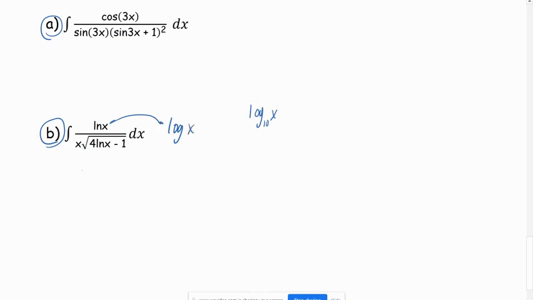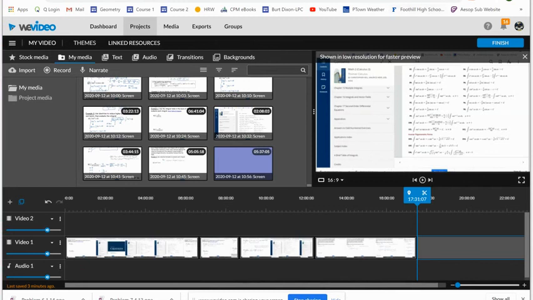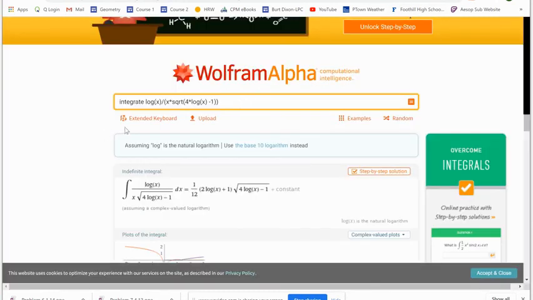And to do a square root, I just type sqrt. There might be other ways to do that, but typing in sqrt will always give you a radical. And so when I put that into Wolfram Alpha, that looked like this. So integrate log x divided by x times the square root of 4 log x minus 1, and then the two parentheses at the end.